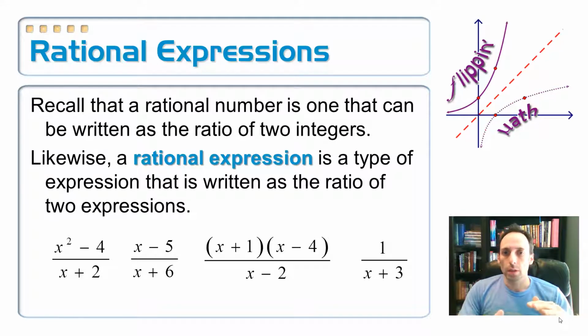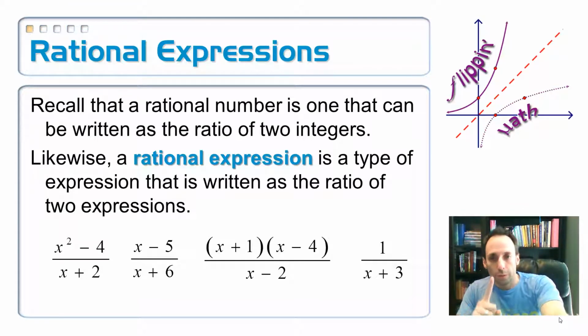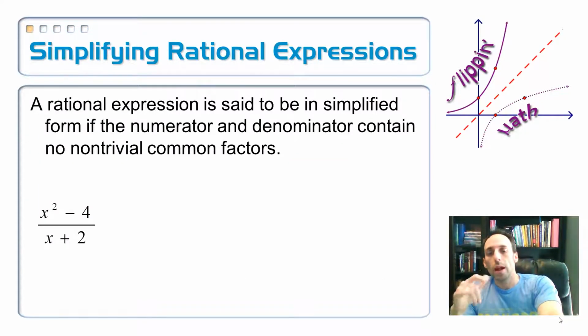Maybe they're going to be just expressions, or maybe they're going to be equations where they might be equal to something on either side. So what we're going to be doing before we multiply and divide really is talk about simplifying these things. A rational expression is said to be in simplest form if the top and the bottom don't have any common factors other than 1.